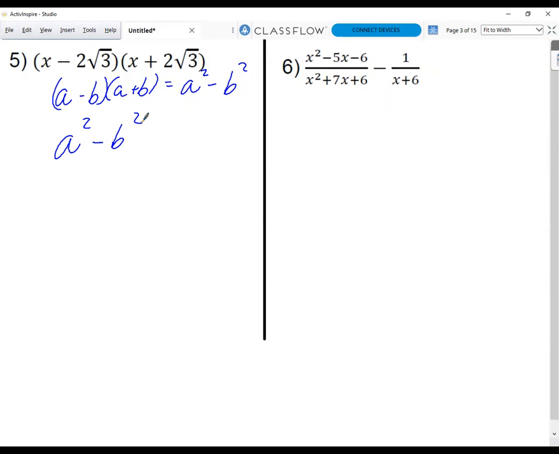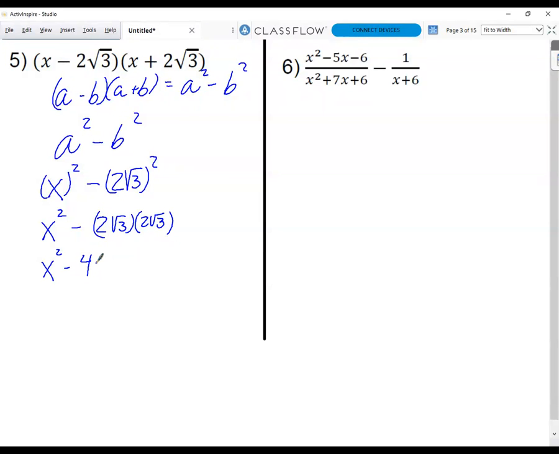Since our a is the same thing as x, this is going to become x squared minus our b, which is 2 root 3, squared, which means it's x squared minus 2 root 3 times 2 root 3, x squared minus 4 root 3 times root 3, which is 3, x squared minus 12.